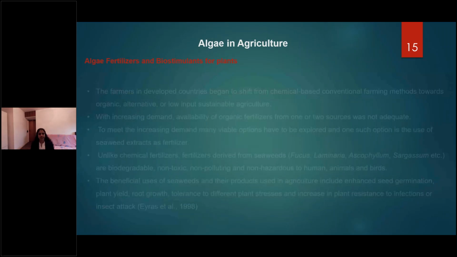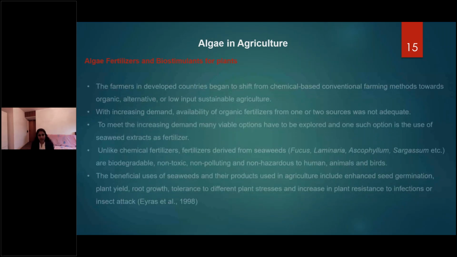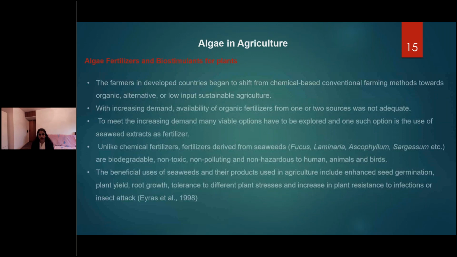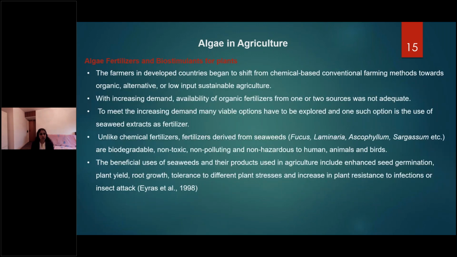Okay, the farmers in developed countries have already begun to shift from chemical-based conventional farming methods towards organic alternatives, low inputs and sustainable agriculture. Here, I would like to point out one thing. I have been staying in Germany for 5 years, and when I arrived here, I had not noticed so many bio products, or you can call them organic products.